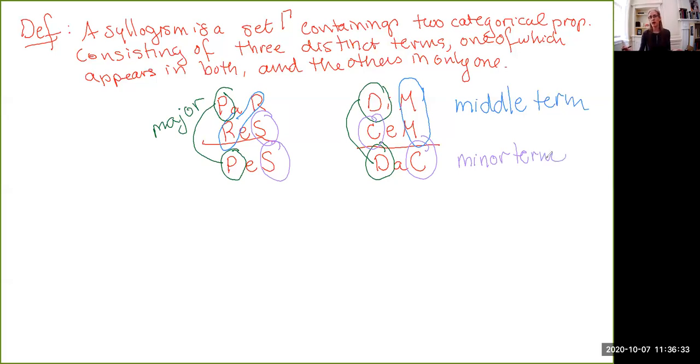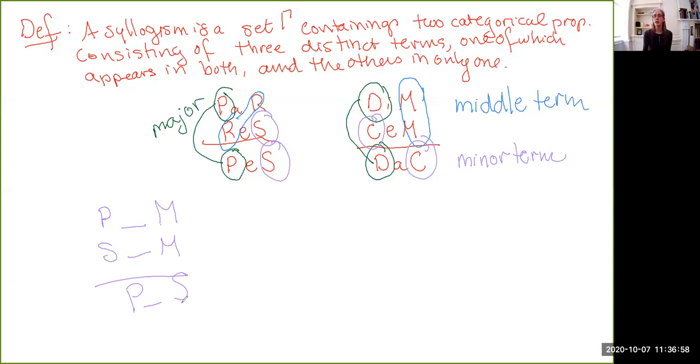So sometimes you might find a generic representation of a syllogism like this. So P and then M, being mnemonic for middle term, P for predicate of the conclusion, S for subject of the conclusion.